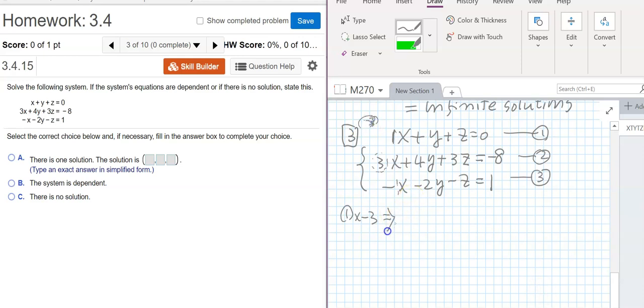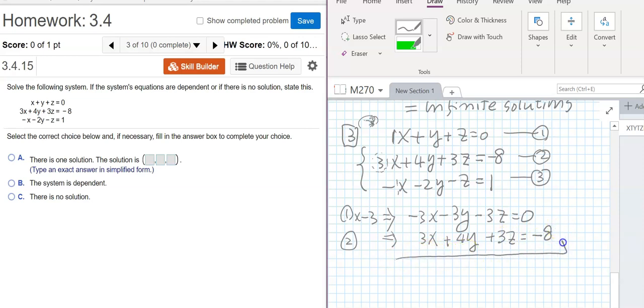So it is negative 3x minus 3y minus 3z is still 0, because 3 times 0 is 0. And then I just write number 2 underneath: 3x plus 4y plus 3z equals negative 8 this time, right? So now I'm going to add this so that I can cancel x.